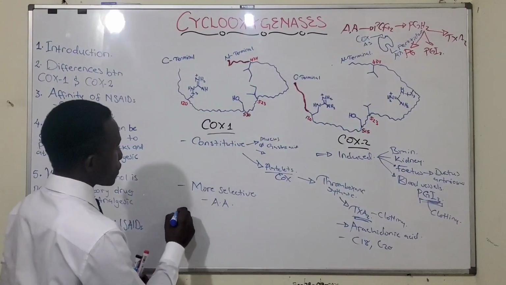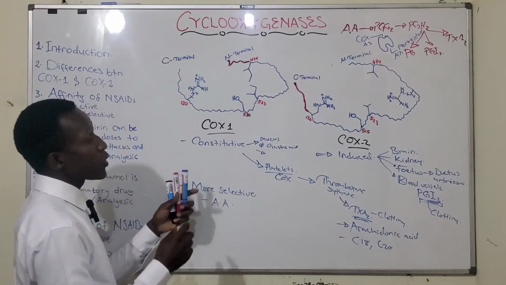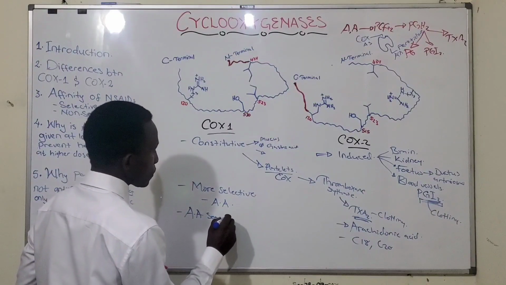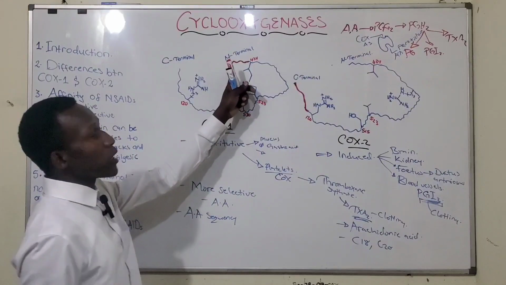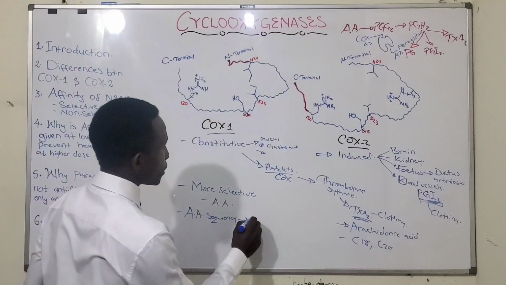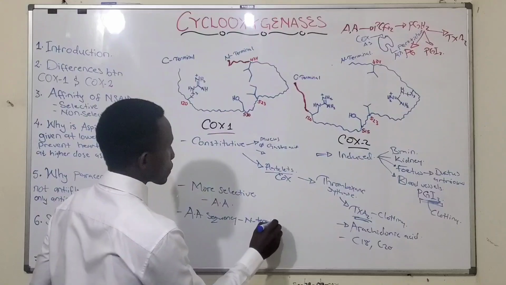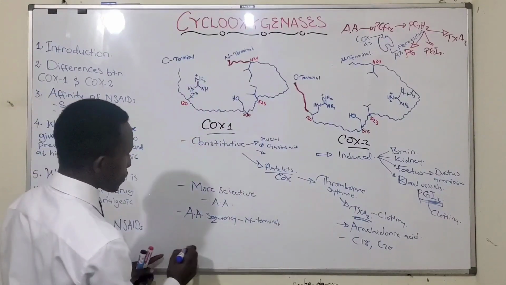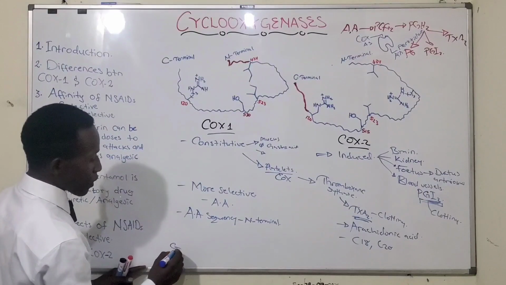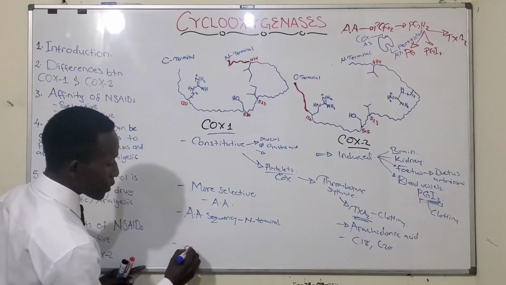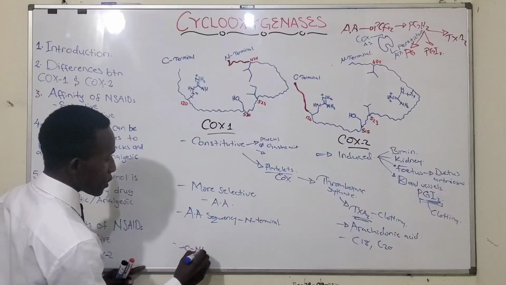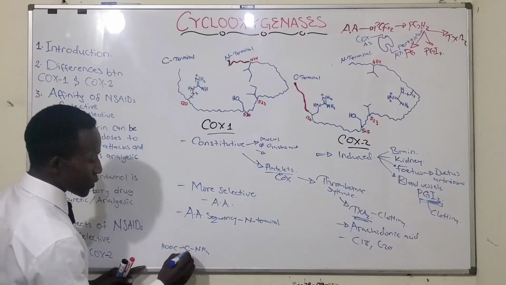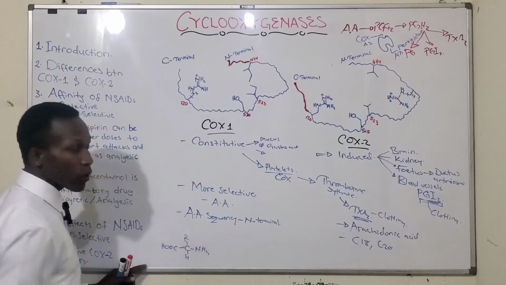COX1 has a sequence of amino acids at the N terminal. This side. So when you are joining the amino acids, remember we have a central carbon, then we have N. Then here, this side, we have the carboxylic acid, we have H and the R group.